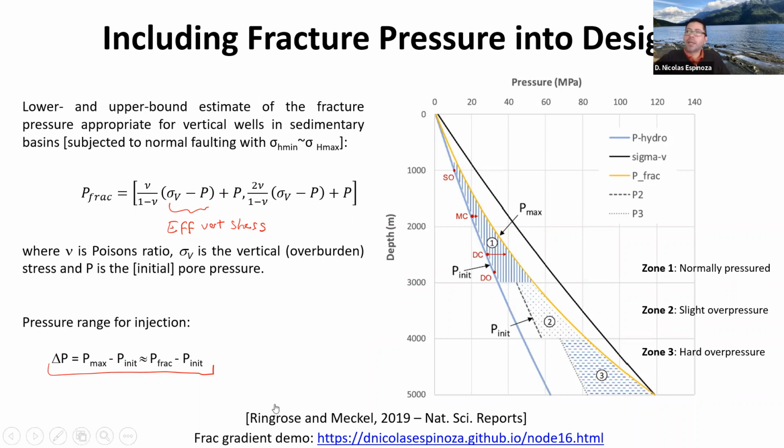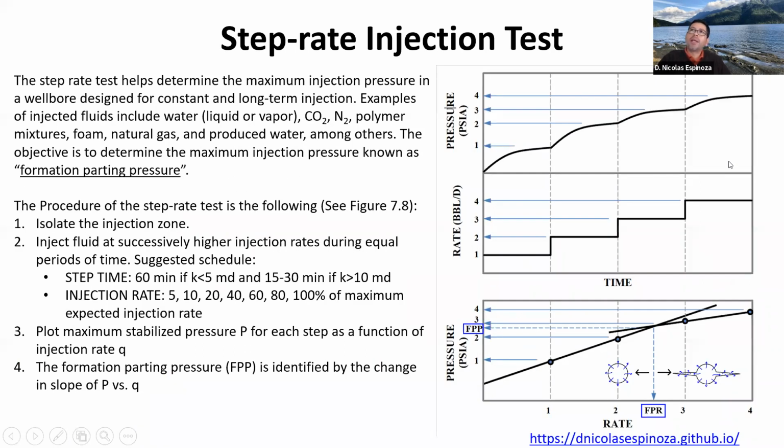And in that injection test, for example, you can do what is called a step rate injection test, in which you ramp up the injection rate of the fluid that you want to inject, and you measure pressure at the same time. Then you can make a plot of the injection pressure as a function of the injection rate.